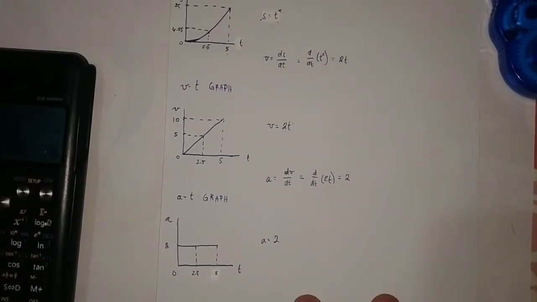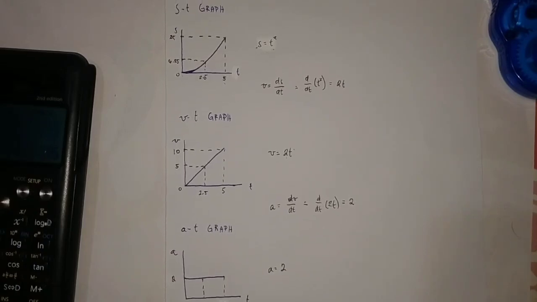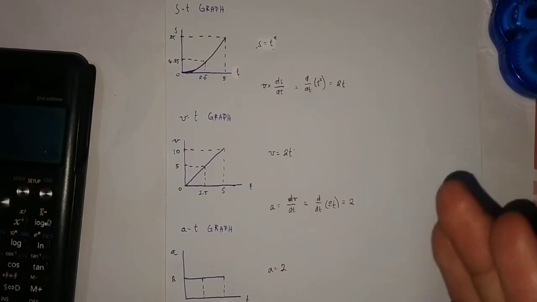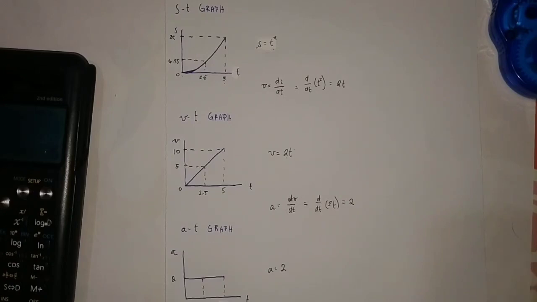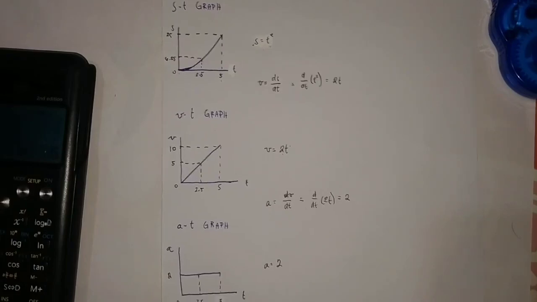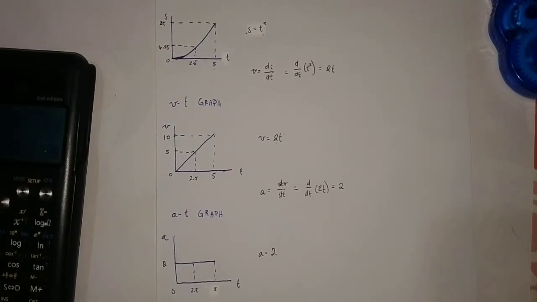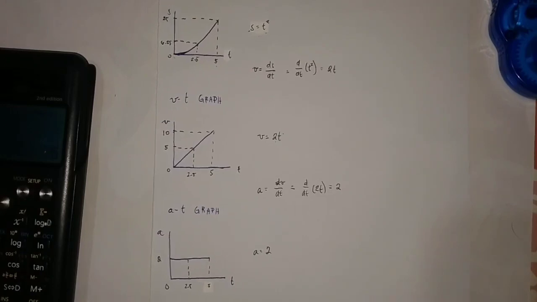So the ST graph, VT graph, and the AT graph can vary depending on the equation given. For example, given S equals t cubed, your graph will be different from this. So let's take, for example, you are given a governing equation that is an acceleration.